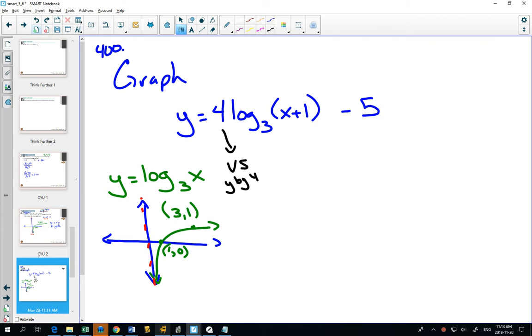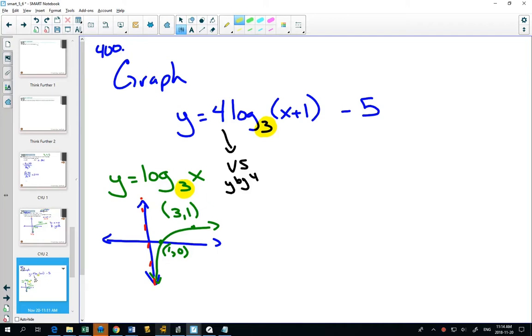You have to make sure that you note that and say to yourself, hey, this 3 is part of my parent graph. It does not do anything transformations-wise. That's one of the reasons I didn't introduce exponential and logarithmic graphs in the transformations unit, because they have some extra numbers that can throw you off. But that 3 is part of your parent graph.